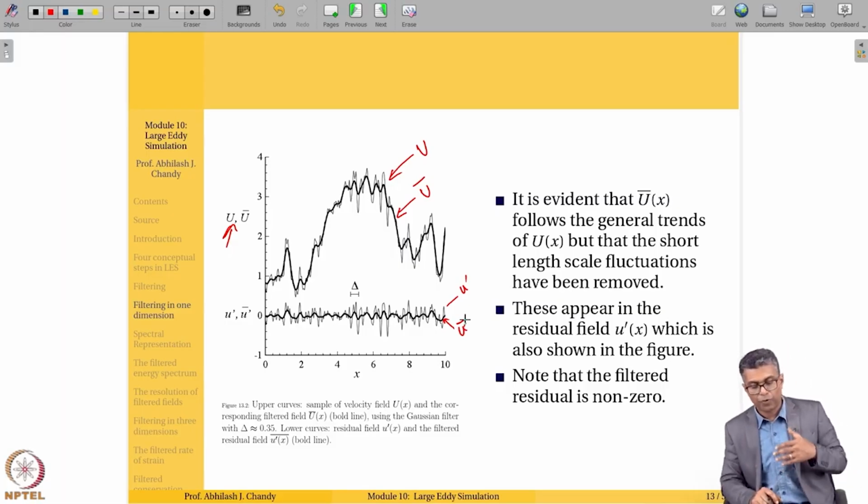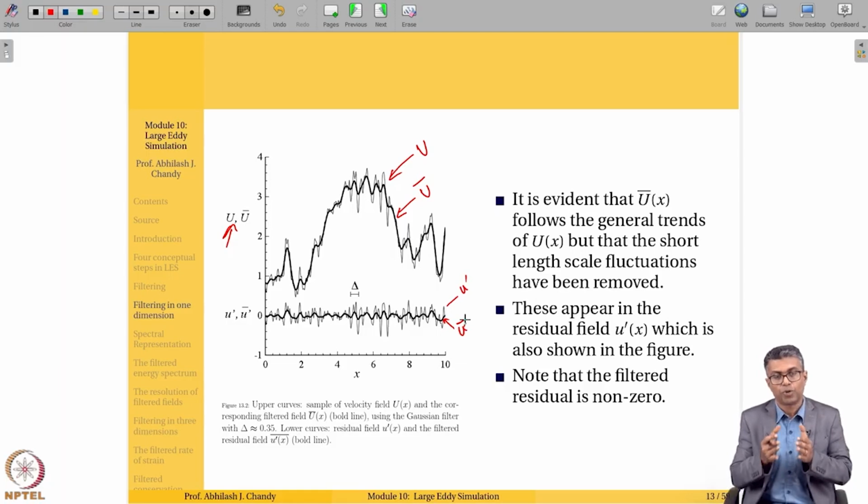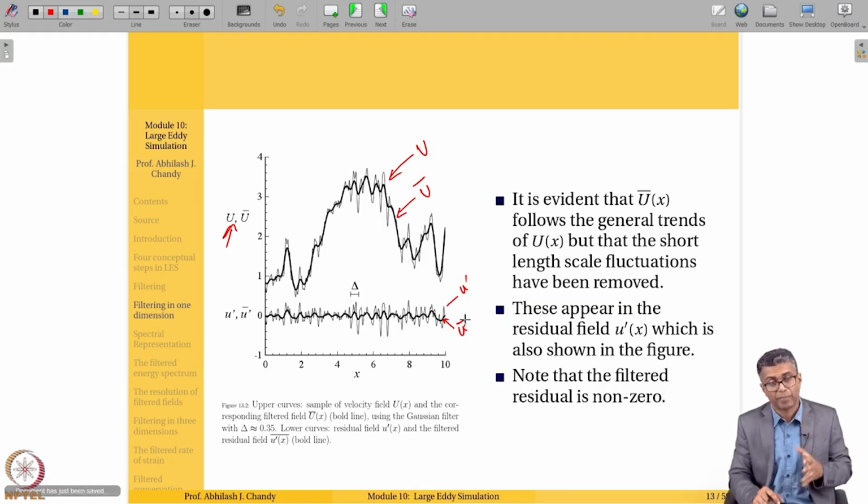Okay, a few points I want to make here. You have your velocity u, and the thin solid line is fluctuating quite a bit. It is expected to. The unsteadiness is there, the seemingly random behavior is there.